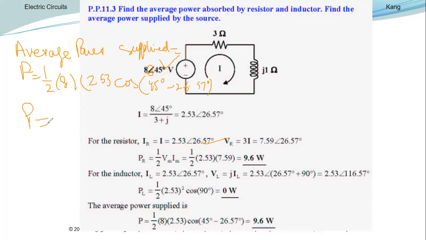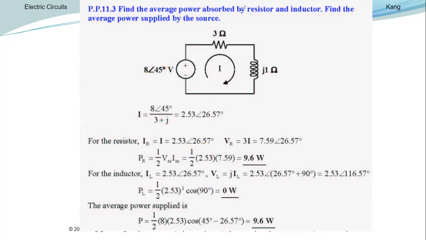So my P value will be equal to 9.6 watt. So this is the complete solution of this numerical.